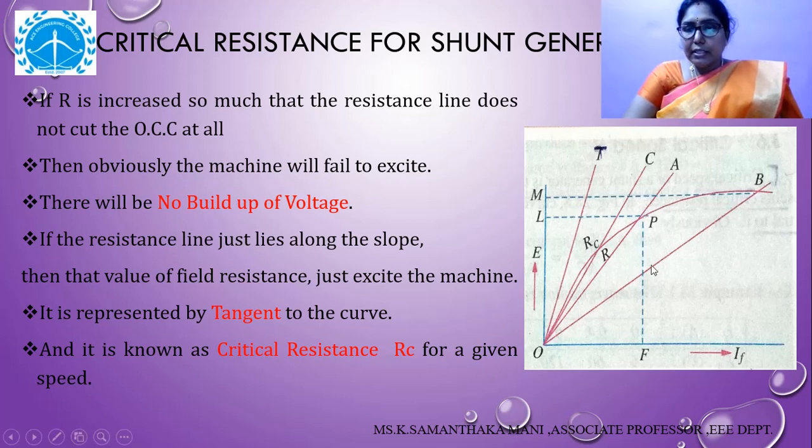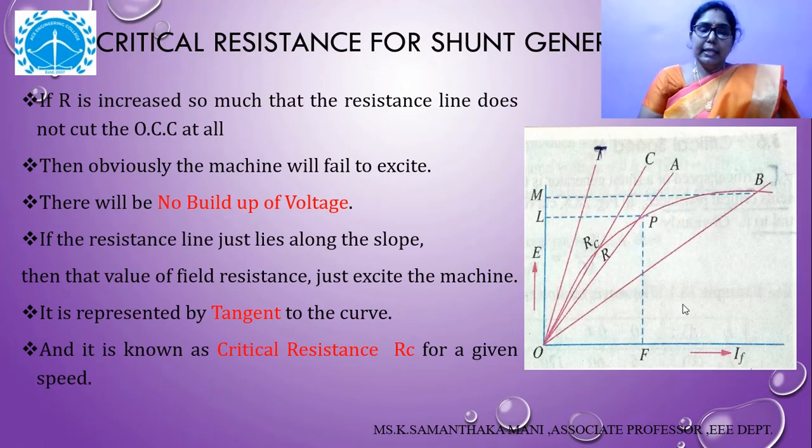Here we consider a fixed speed, I have drawn one OCC, and for that OCC we have to calculate the critical resistance RC. Till now we have discussed the definition of the critical resistance, and if the critical resistance is not maintained, the generator is not able to build up the voltage. So a minimum value of the resistance has to be maintained.